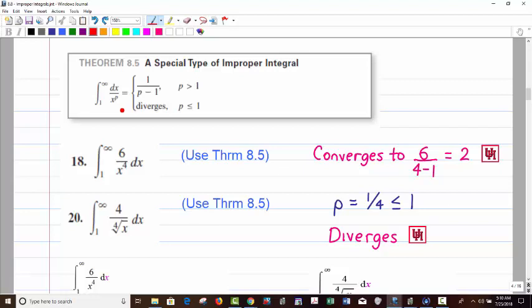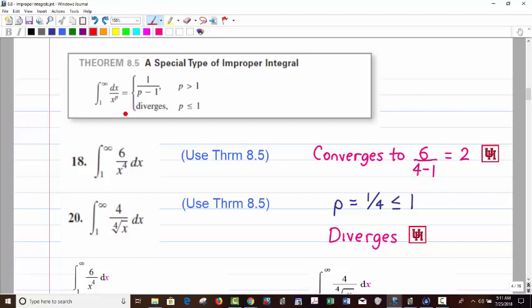P doesn't have to be positive, but to really have any relevant meaning in this concept, it needs to be, because why write dx over x to the negative 2 when you can just call it x squared dx? So this is technically true, but I would expect the P to be positive.